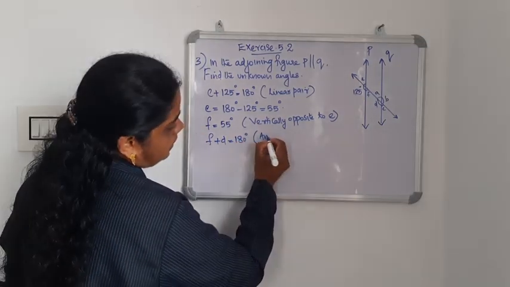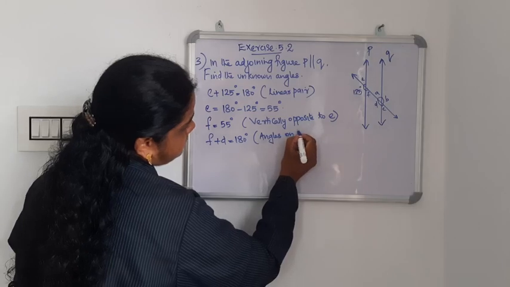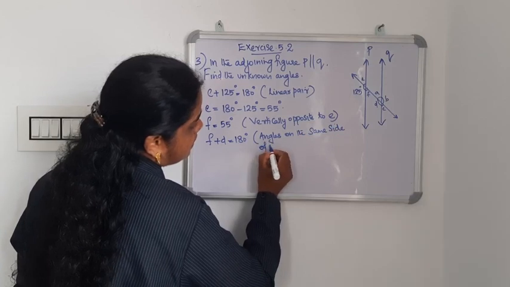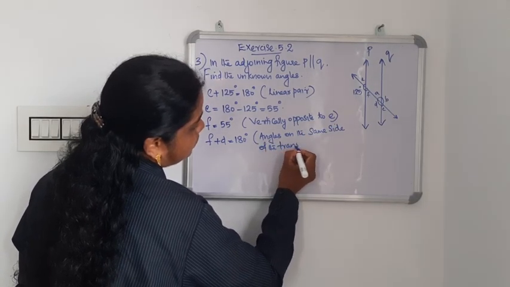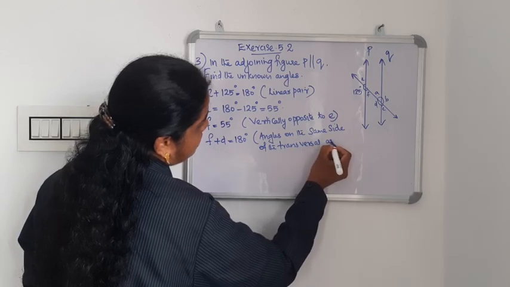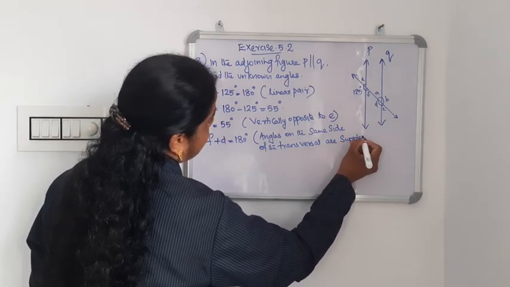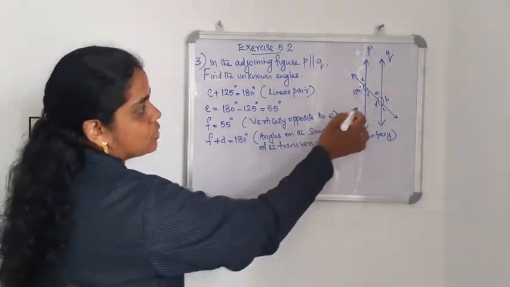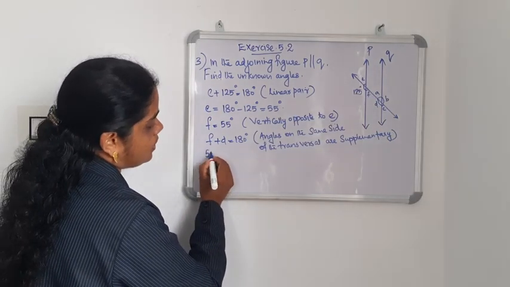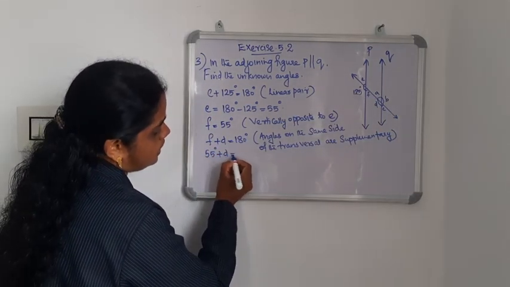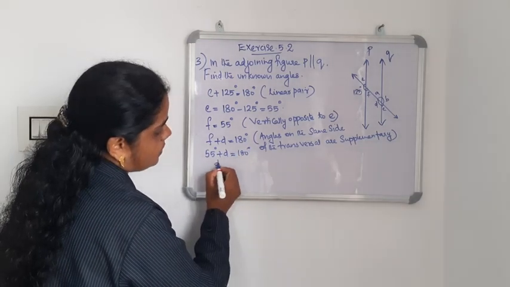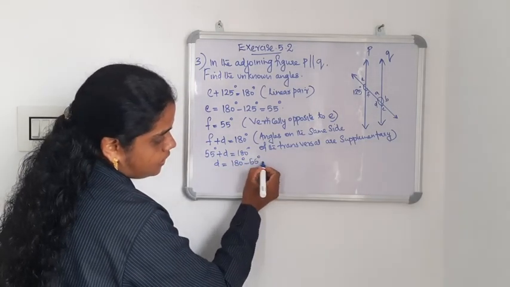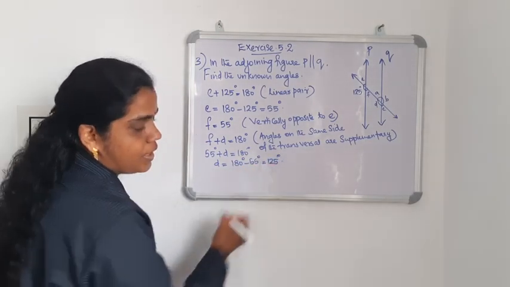Rule: angles on the same side of the transversal are supplementary. These rules you need to write within the bracket. Okay. So angle F now we got. What is angle F? It is 55 degree, plus D equal to 180 degree. So from here we can find out D equal to 180 minus 55 degree, equal to 125 degree.